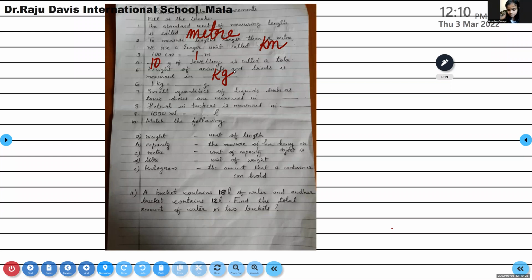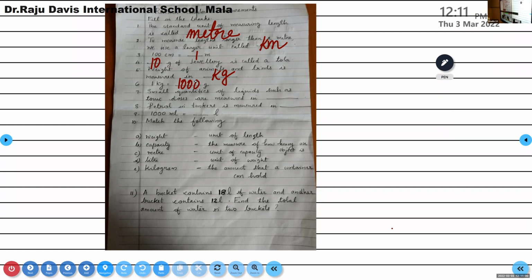Daksha Lakshmi, 1 kilogram is dash gram. 100 gram? Not 100. 1000. Yes. 1000 gram is equal to 1 kilogram. Okay. 1000 gram is equal to 1 kilogram.